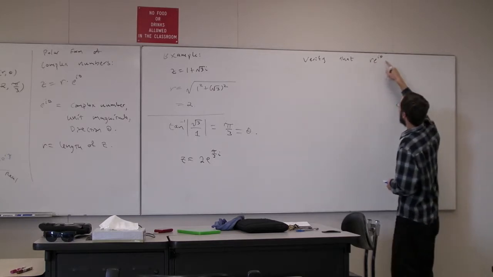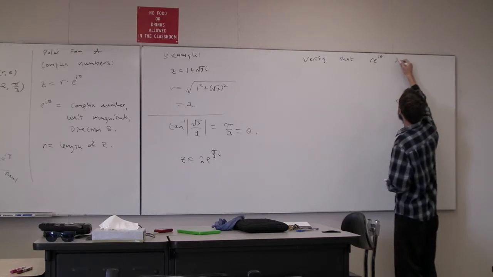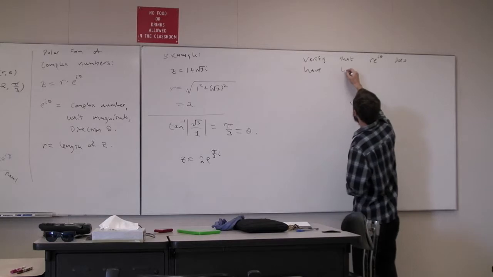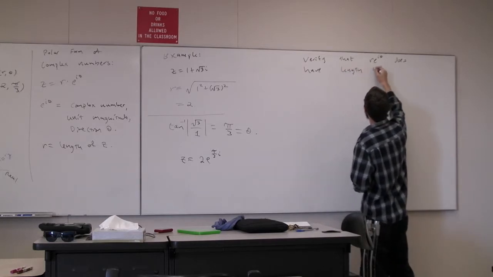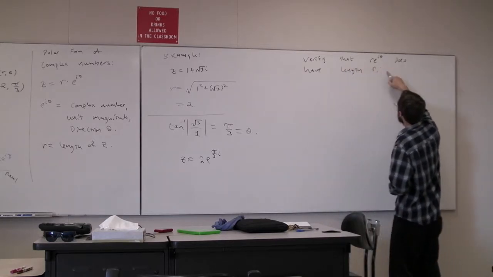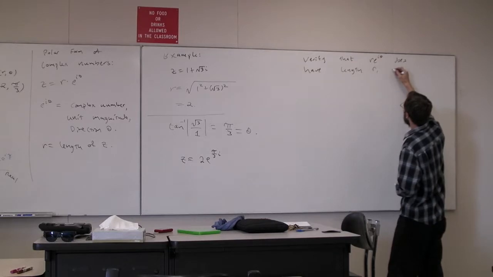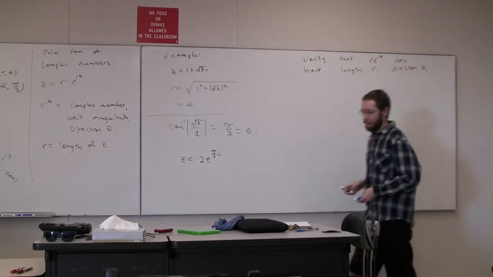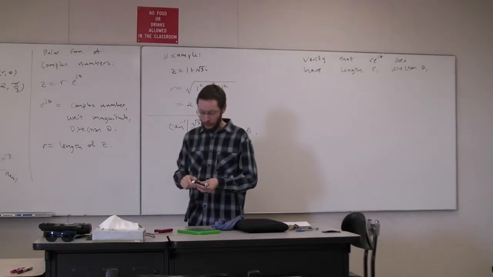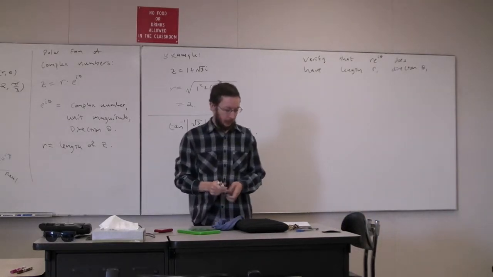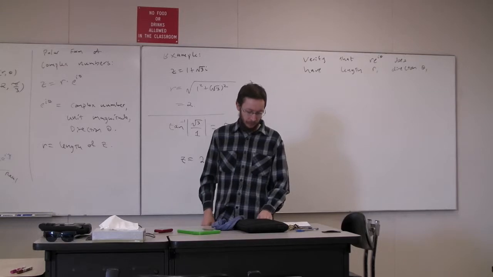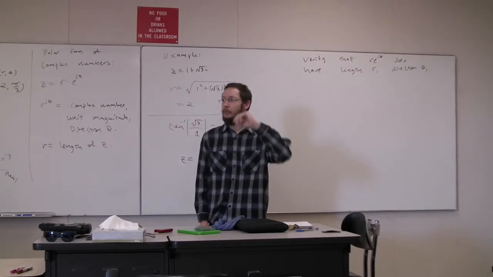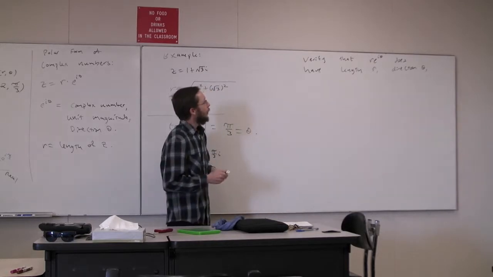But to verify that re to the i theta really does have length r and direction theta, I'm sure there's a nicer proof out there. The one that I wrote is a little bit confusing, but we'll work through it anyway.